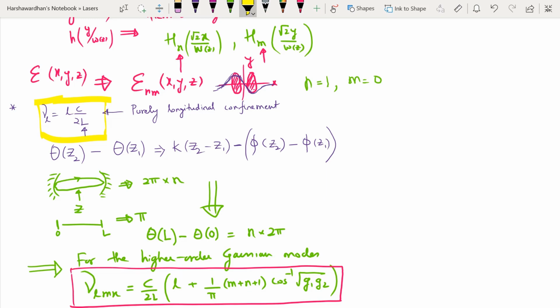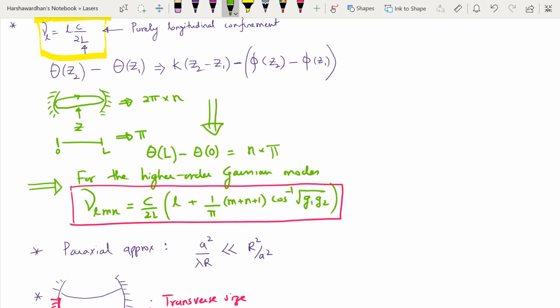Now clearly if my round trip is giving me 2 pi, a single traversal from mirror number 1 to mirror number 2, that is from Z1 to Z2, should give me a phase factor of pi. So you can put this all together and figure out for yourself that you will get the new longitudinal frequencies, nu LMN.